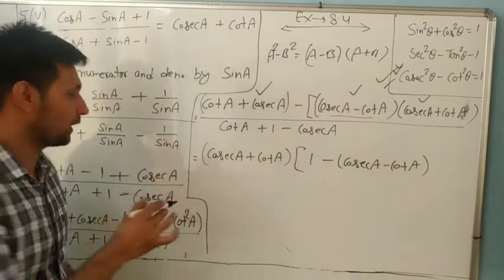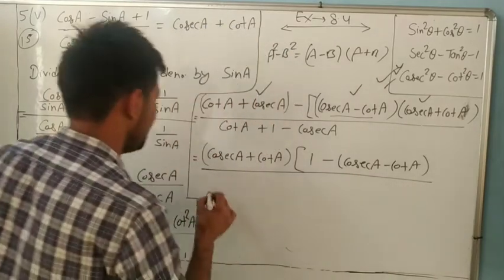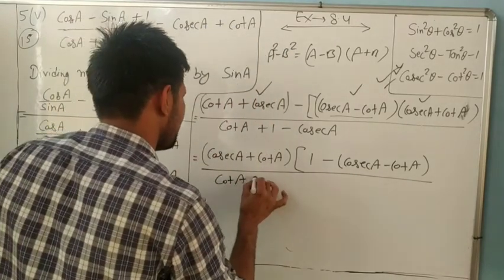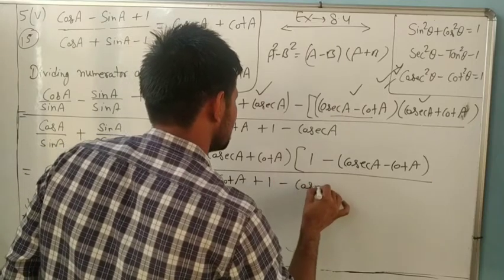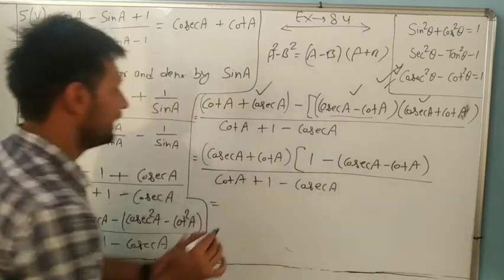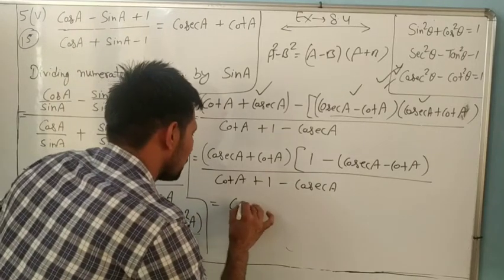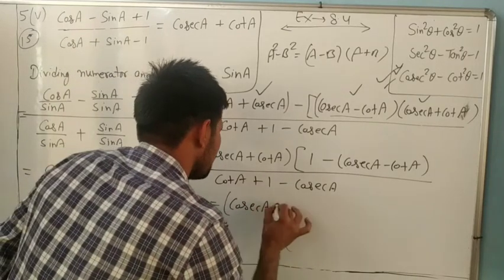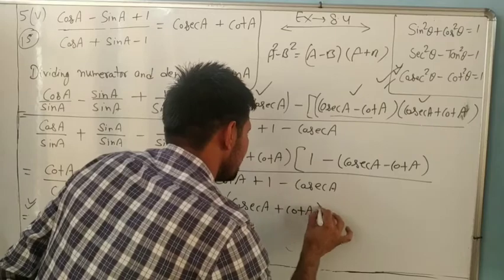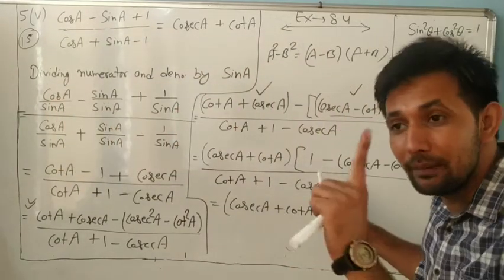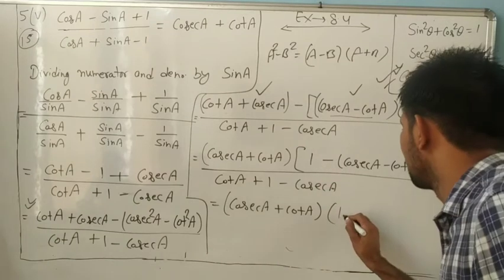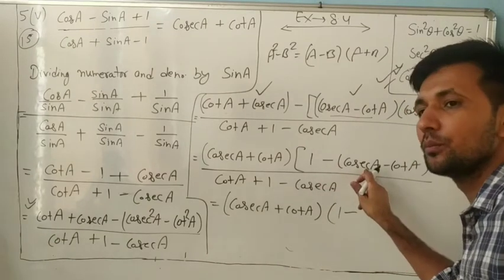Now we will identify our answer. Look at cot A plus 1 minus, yes, only now open it, cosecant A plus cot A, dear. Now look at, open the bracket. Minus sign means minus 1. 1 minus, negative into positive, negative.